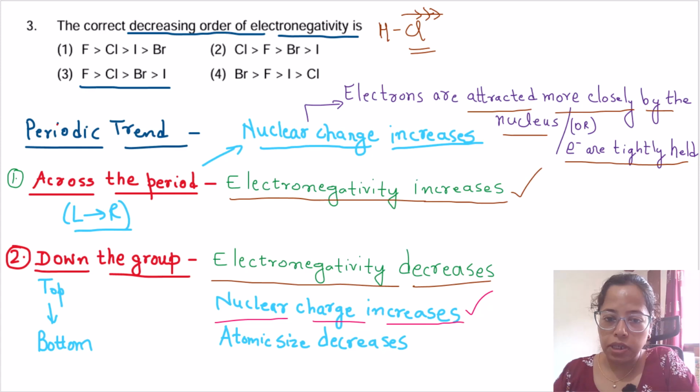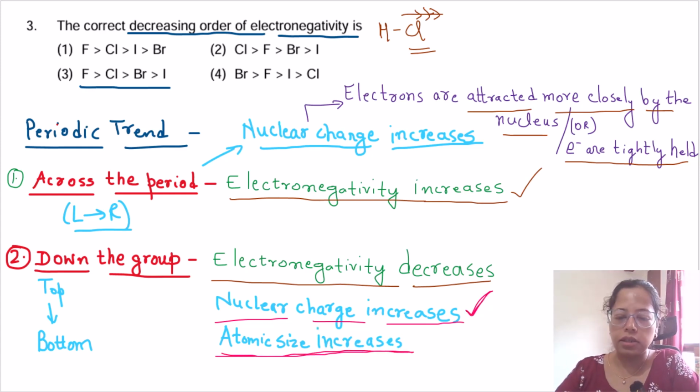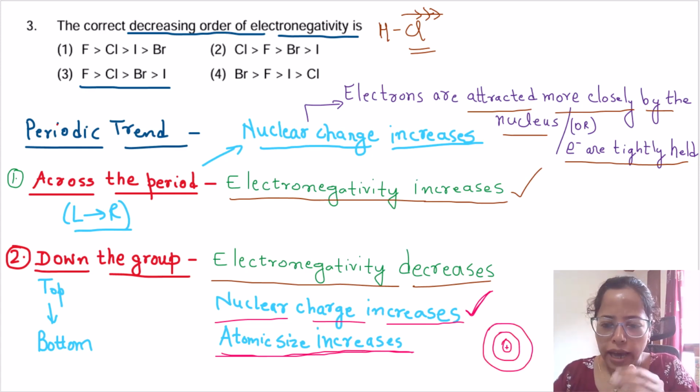But at the same time, the atomic size also increases. And this increase in atomic size is much more dominant down the group as compared to the increase in the nuclear charge. So as we keep on moving down the group, although nuclear charge increases, atomic size increases to a much more significant level.